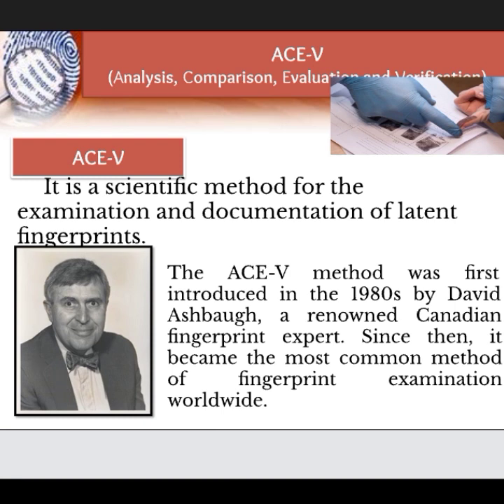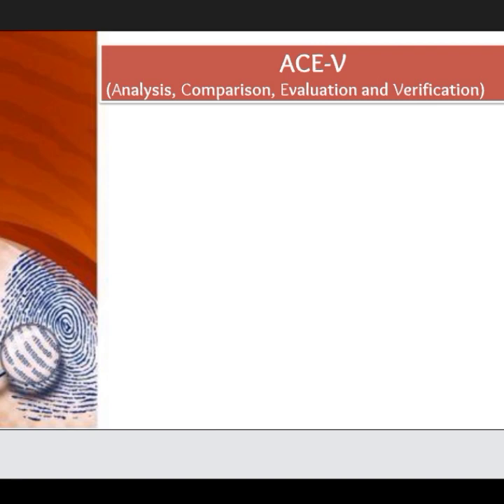Fingerprint examiners use the ACE-V method to reach a determination on each print. ACE-V stands for analysis, comparison, evaluation, and verification. The purpose of the ACE-V method is to give more structure and objectivity to print comparison for sound practice.